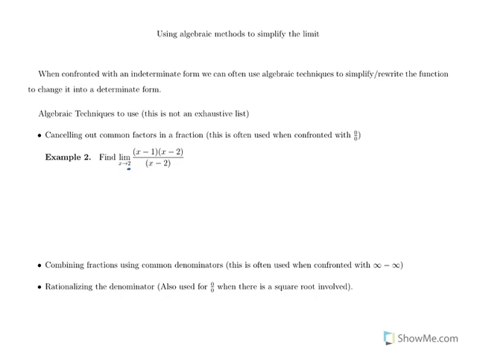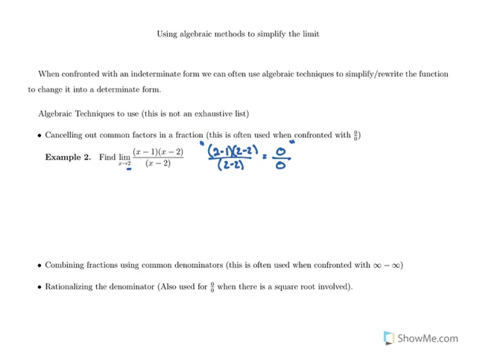First, we're going to try to plug in the value of 2 for this limit, x minus 1 times x minus 2 over x minus 2. When we plug in 2, we get 2 minus 1, 2 minus 2, over 2 minus 2, and that is 0 over 0. I'm going to put this in quotes because it's not really a real thing we can deal with.